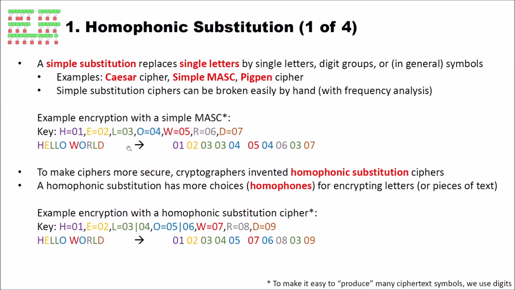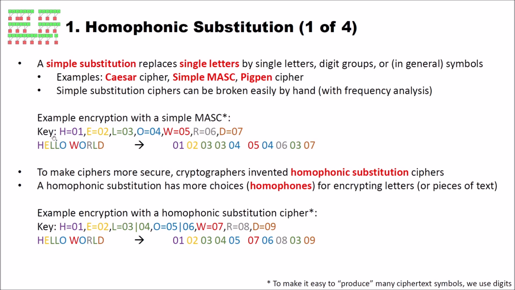And here is an example encryption where I encrypted a text with a simple monoalphabetic substitution cipher or simple mask. To make it easy to produce many ciphertext symbols, we use digits here, as you can see.